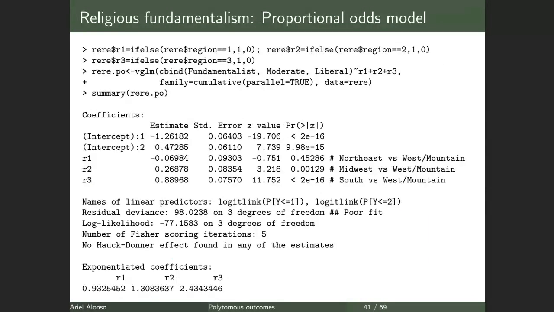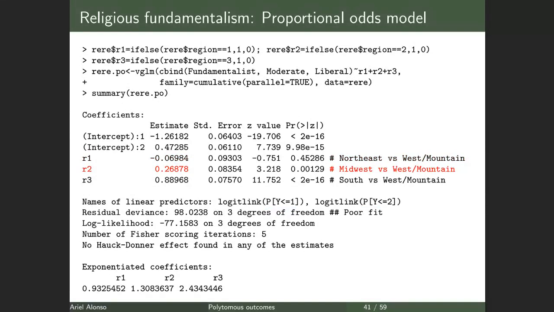Here we have the coefficient for R1. You are comparing northeast with West Mountain, and as you can see, the coefficient is negative. That basically means that people in northeast are less fundamentalist than people in West Mountain. Then the second coefficient is for the odds of Midwest.